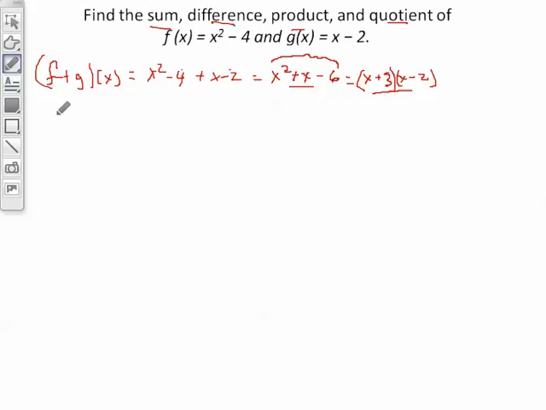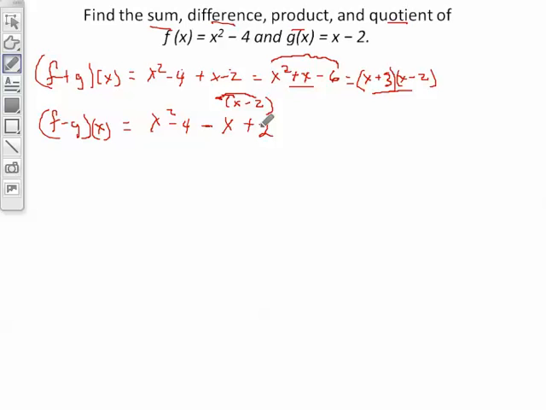Let's find the difference. F minus g of x. Well, that's going to be equal to x squared minus 4 minus x plus 2. Where'd you get the plus 2, Mr. Green? Well, remember, it's actually x minus 2, and I have to subtract the whole thing. So I'm simply distributing the minus sign to both these, and I have a minus 2.